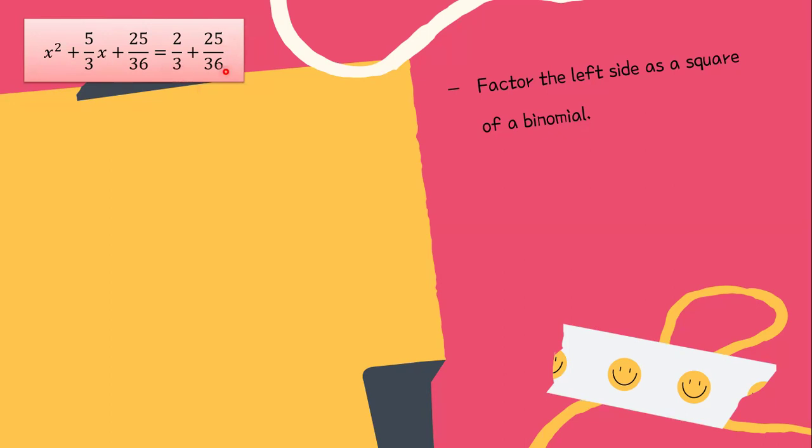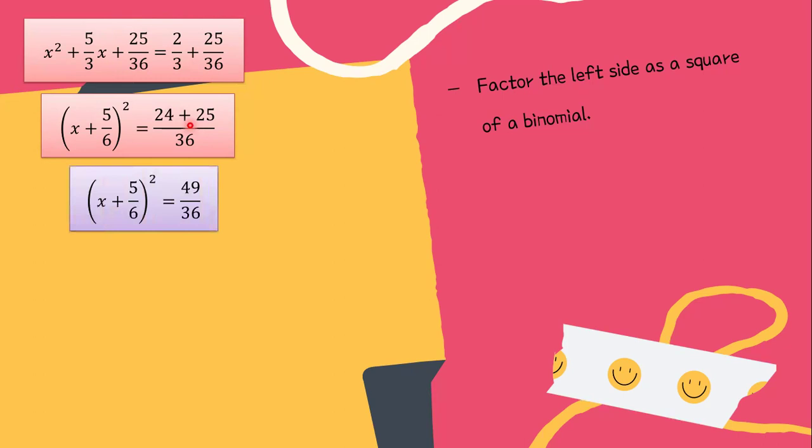So the least common denominator here is 36. So we do this in like or similar fractions. So here we now have 24 plus 25 over 36. Simplifying this one, that gives you 49 over 36.